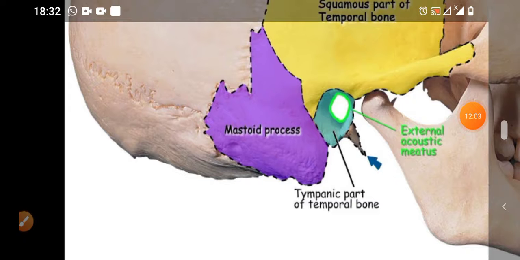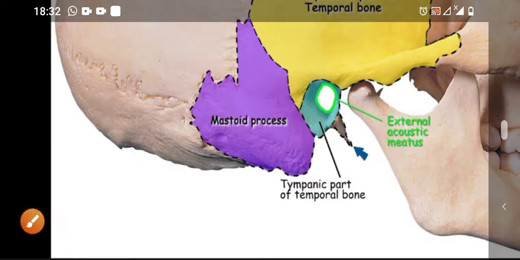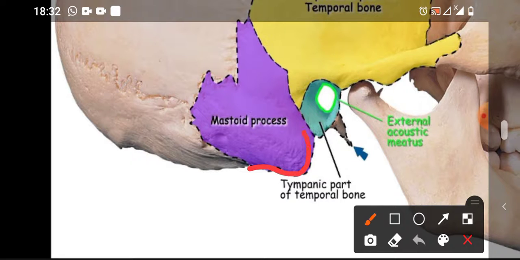The mastoid process is basically a downward projection of this part of the temporal bone. It appears after 2 years, in the second year of life. At birth it is not present.